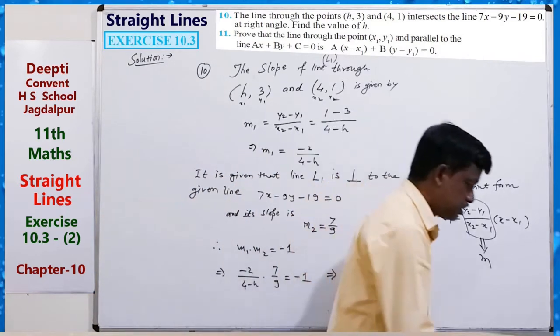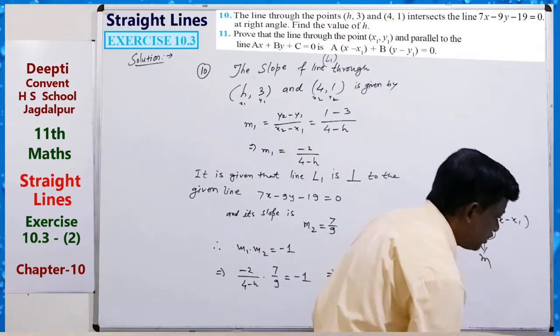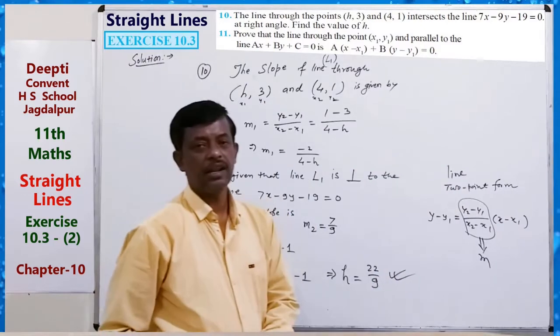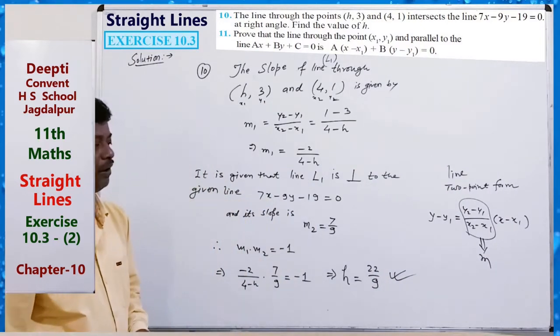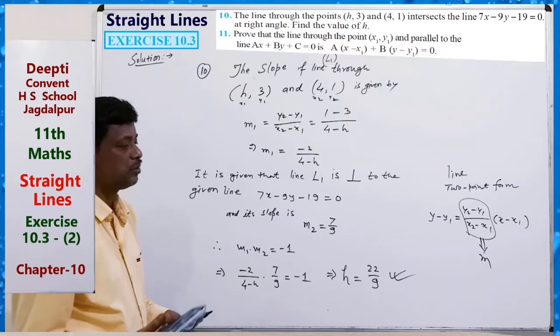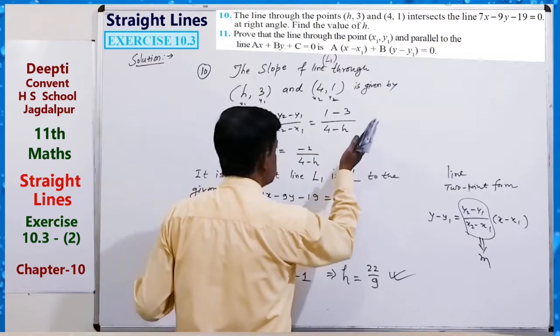Now question 11. Prove that the line through the point (x1, y1) and parallel to the given line is this.